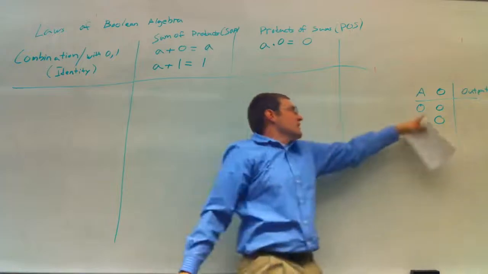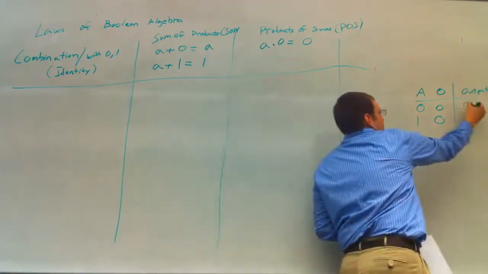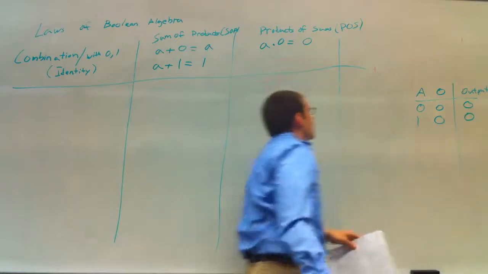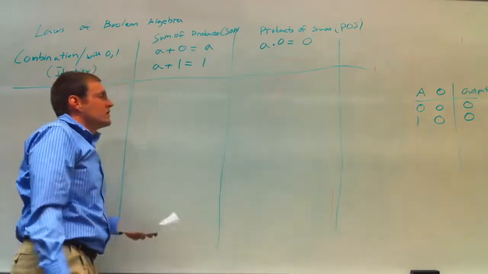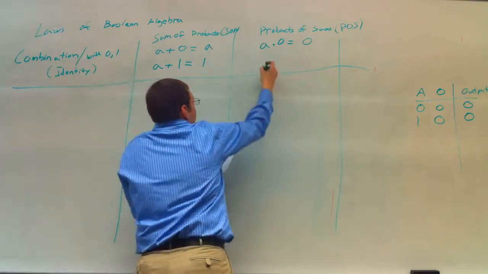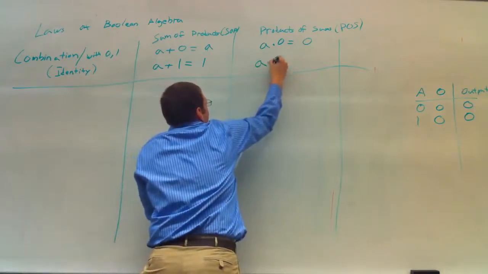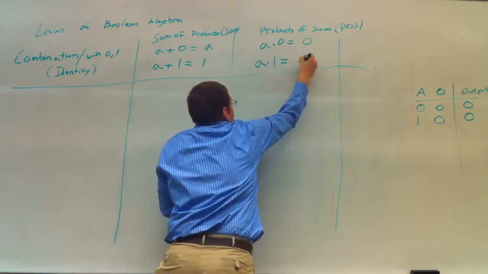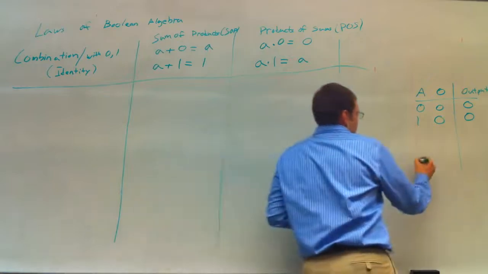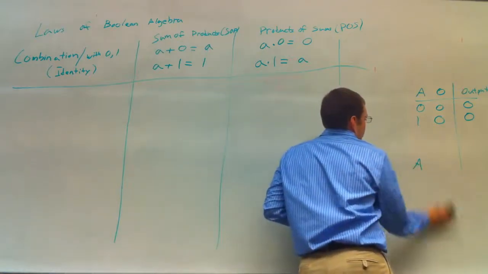So 0 ANDed with 0 is 0, 1 ANDed with 0 is 0. No matter what we do, our output is always going to be 0. And then the last one, A ANDed with 1 equals A. So I put 1.